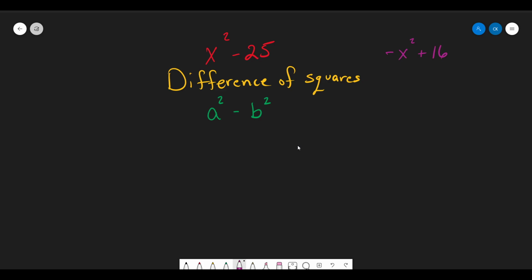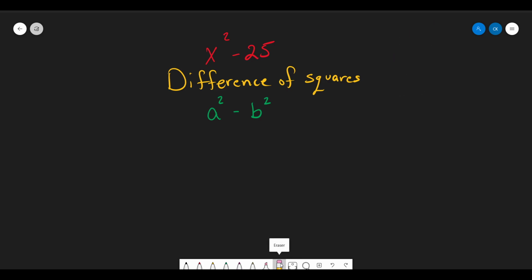This I could factor because I could rewrite it as 16 minus x squared. So really, we want one of the terms to be negative. It doesn't matter if it's the first or the second, but one of the two terms has to be negative. They can't both be positive and they can't both be negative either. Only one of them can be negative. So that's the second thing we want to look for.